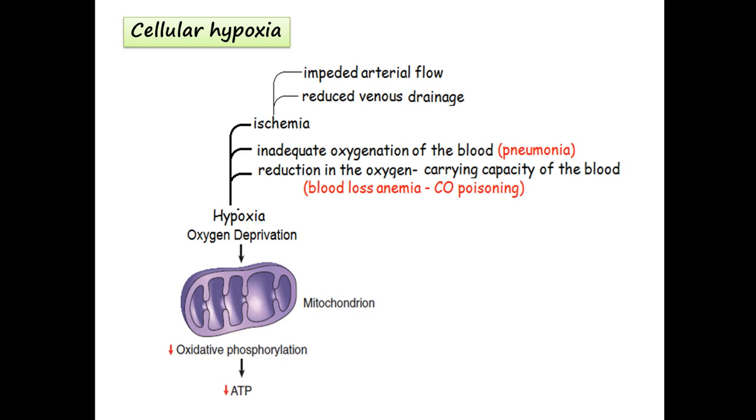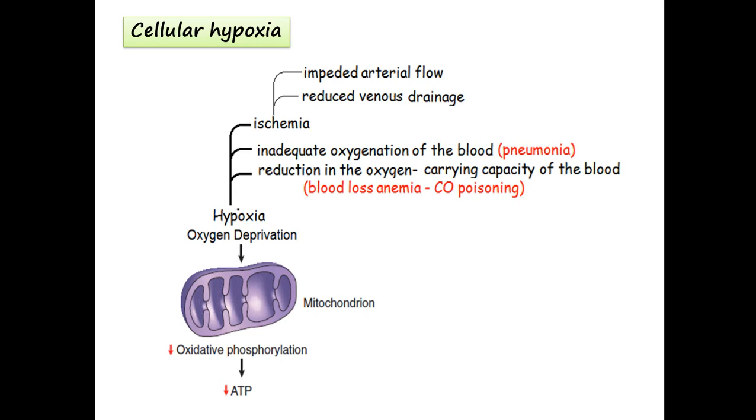So if the mitochondria is deprived of oxygen, and we know that in mitochondria there is oxidative phosphorylation or aerobic respiration which provides ATP needed for various functions of the cell.